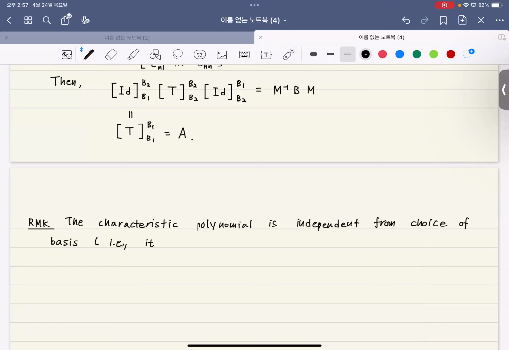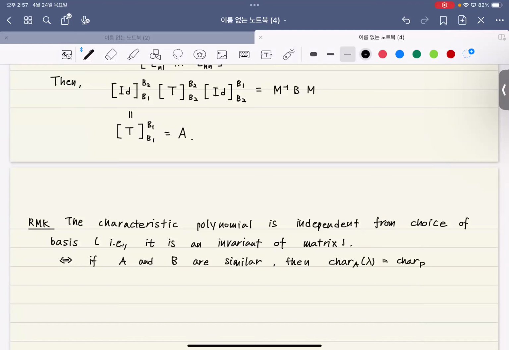So it is an invariant of the matrix. In other words, if A and B are similar, then the characteristic polynomial of A is the same as the characteristic polynomial of B.